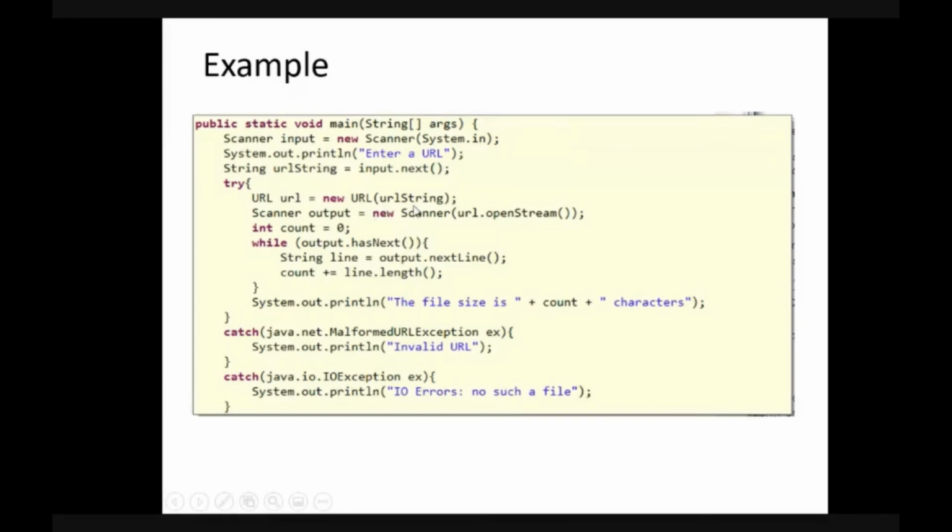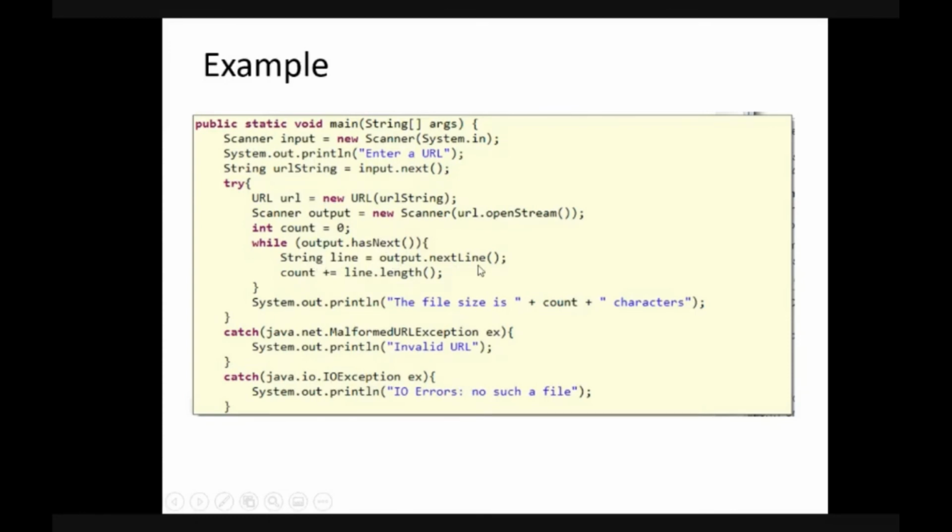This is a more proper way, I mean. You are asking the client to enter the URL, they enter the URL, and then you assign whatever they enter to this variable, and then you create your URL object. Now you are reading everything you have in that website and assigning it to the output here. After that, you check them.